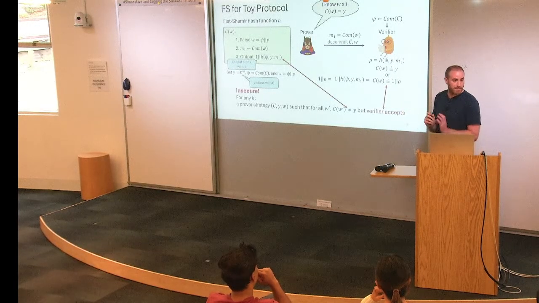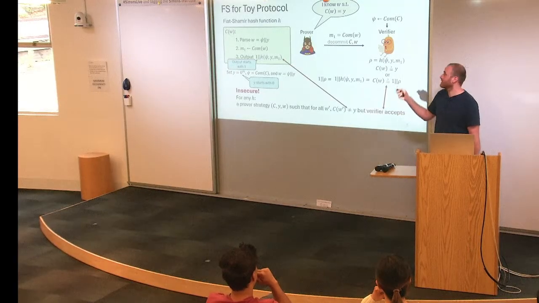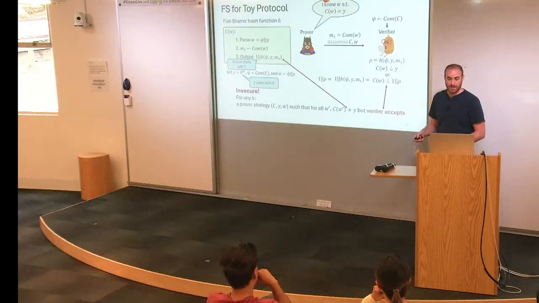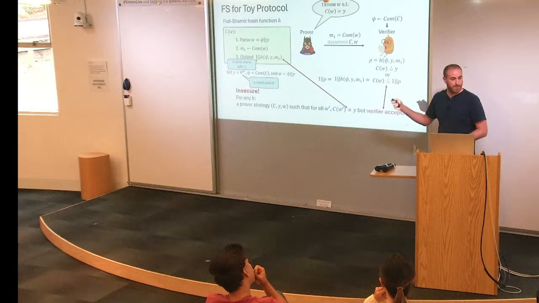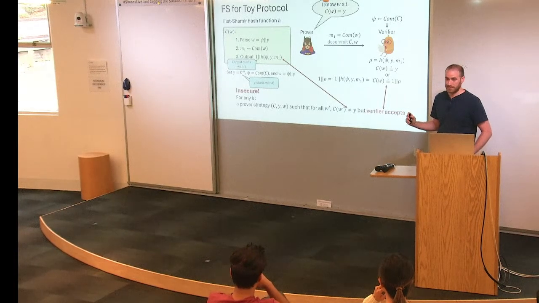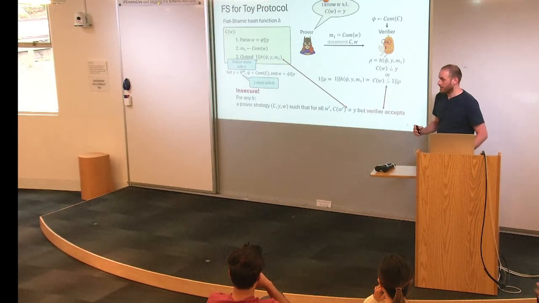If it has some small description, it doesn't necessarily need to be a commitment, but it needs to have some small description, and then it can get itself. In this example it's a commitment, but it doesn't actually have to be. If everything is log space uniform, you could also do this kind of attack in that way. Does that make sense?